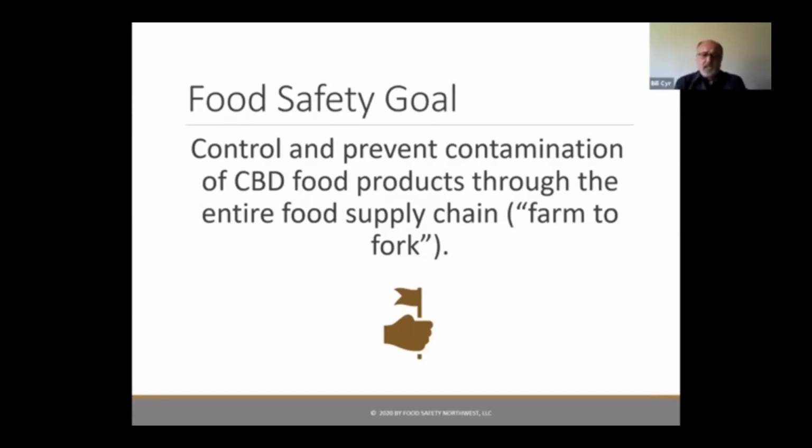So that segment of our industry does have the status of GRAS, which means they can more quickly go to the market in a fashion that is compliant at the FDA level, yet they still can't go to market properly and forego what we're going to talk about today.